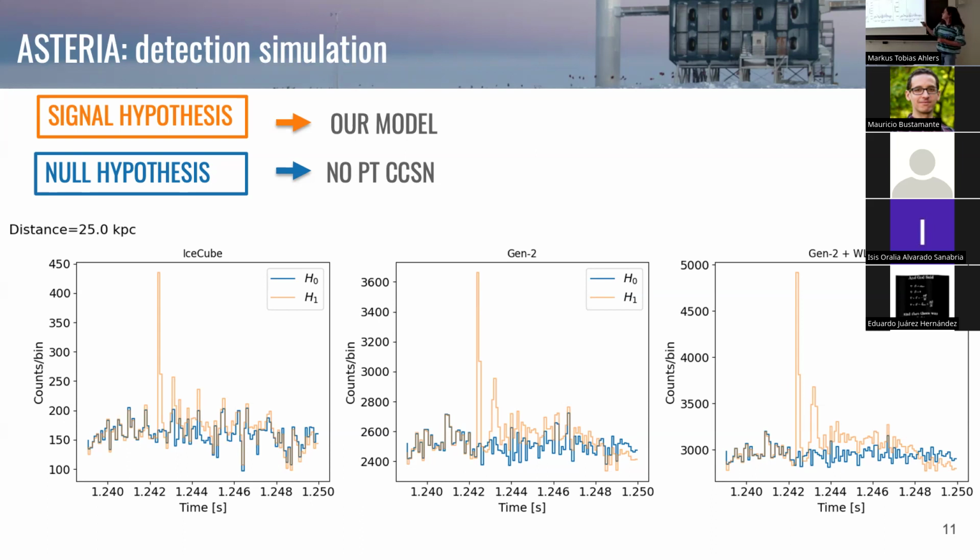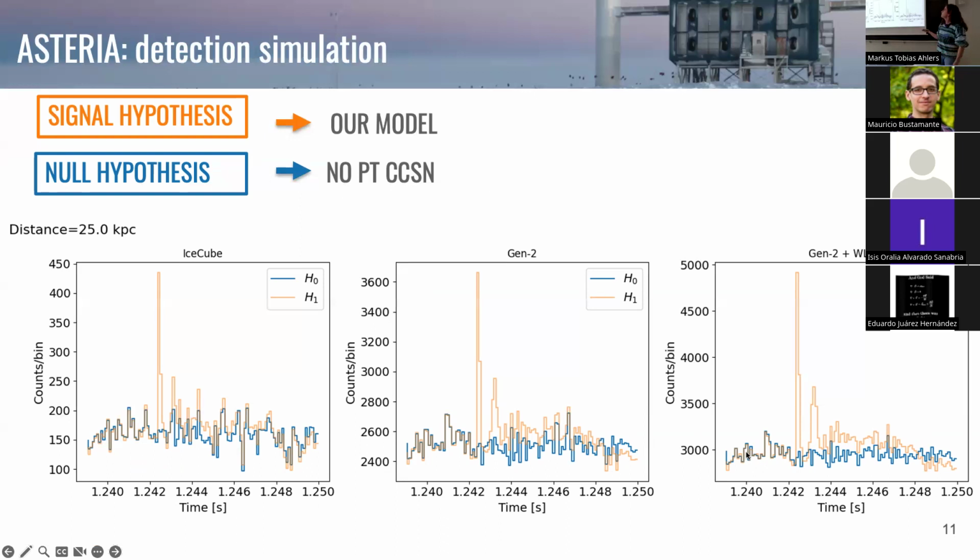With this, here I show a 25 kiloparsecs supernova, which is already covering our whole galaxy. And for the different detector configurations, I have IceCube, Gen 2, and Gen 2 plus wavelength shifters. We can already see that this feature stands out from the background or no-feature supernova very well, so it can be distinguishable.